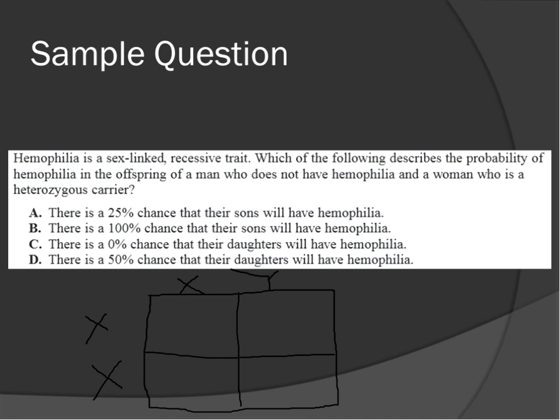Remember, X, Y is male. X, X is female. So which of the following describes the probability of hemophilia in the offspring of a man who does not have hemophilia? So this would be not having it, so we'll put a little n.